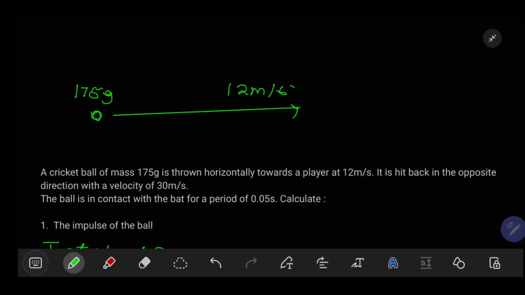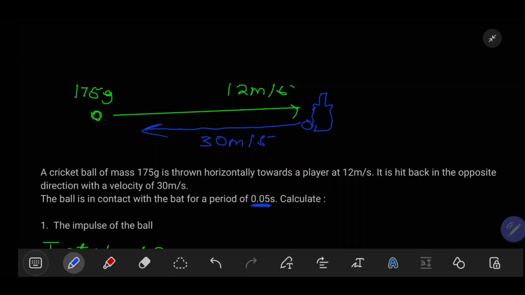Now the player hits the ball in a different direction, and the ball now has a different velocity. Here is our cricket bat. The player hits the ball in the opposite direction with a velocity of 30 meters per second. They told us that the ball is in contact with the bat for this period of time.